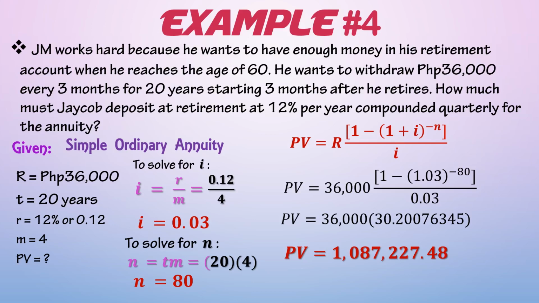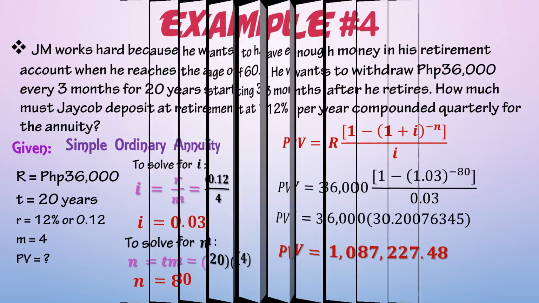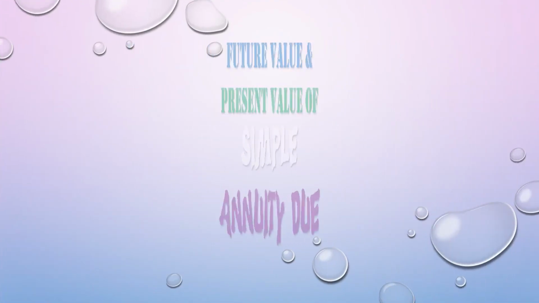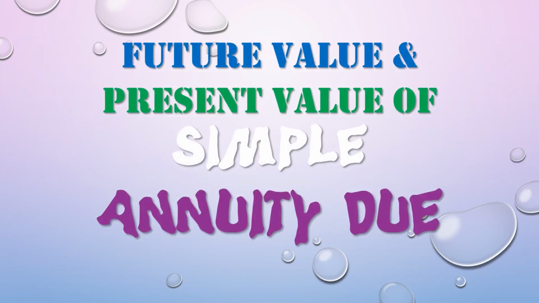Okay, I hope the difference between finding the present value and future value is clear. So this time let's have the future value and present value of simple annuity due. We define simple annuity due as an annuity wherein payments are made at the beginning of each interest conversion period.